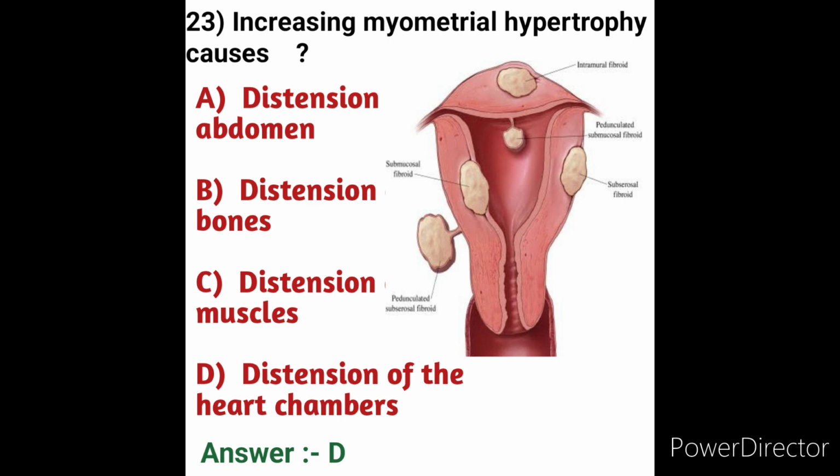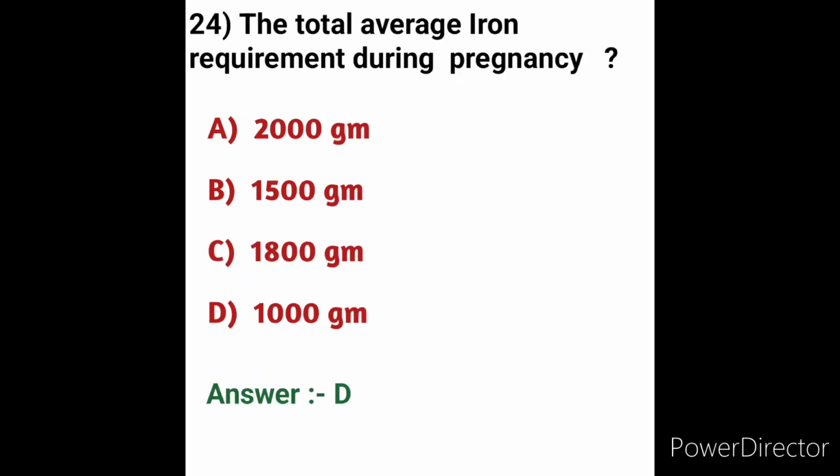Next, move on to question number 24. The total average iron requirement during pregnancy. What is the average iron requirement during pregnancy? Options: option A 2000 grams, option B 1500 grams, option C 1800 grams, and option D 1000 grams.